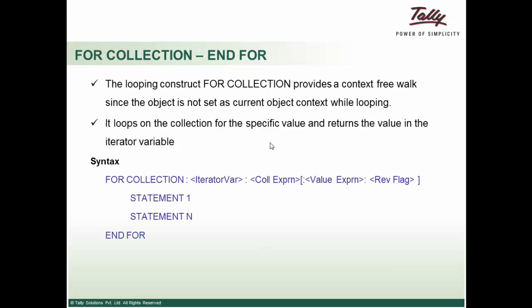However, when you use for collection and you provide a collection name here, it does not change the object context of your function, yet it fetches values from the collection. It loops on the collection for specific values and returns the values in the iterator variable. So your object context does not change, yet it brings the value from your current collection.